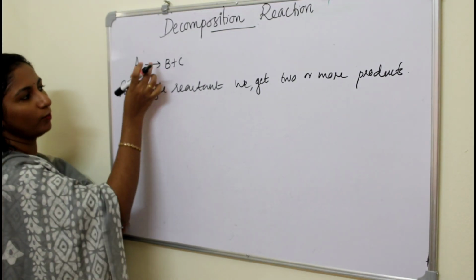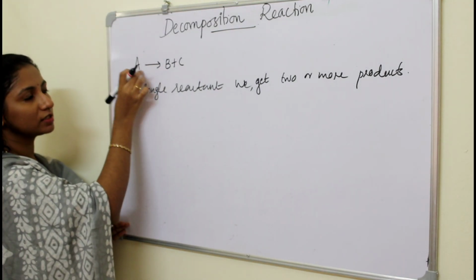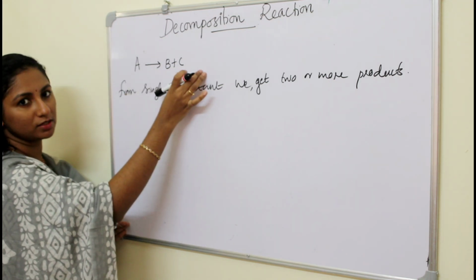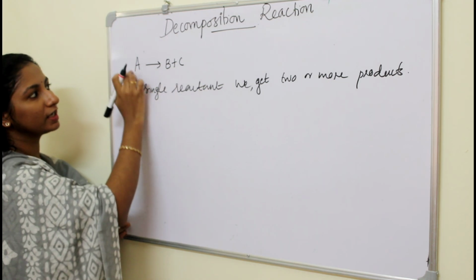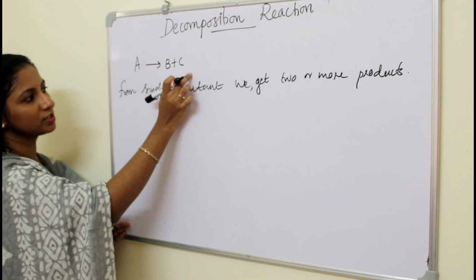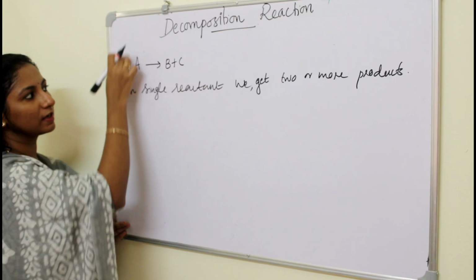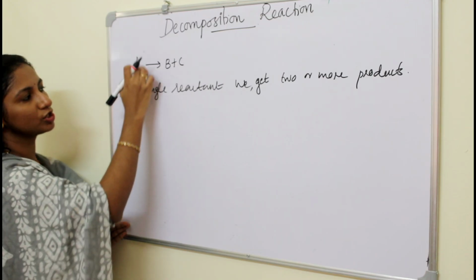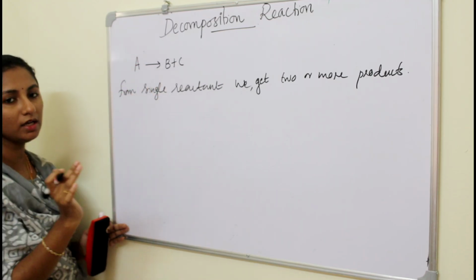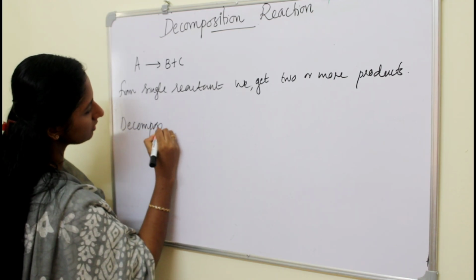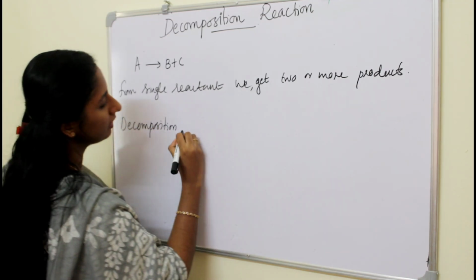A single reactant is decomposed to get two or more products, and this decomposition, this division of the single reactant, can be done in three ways.